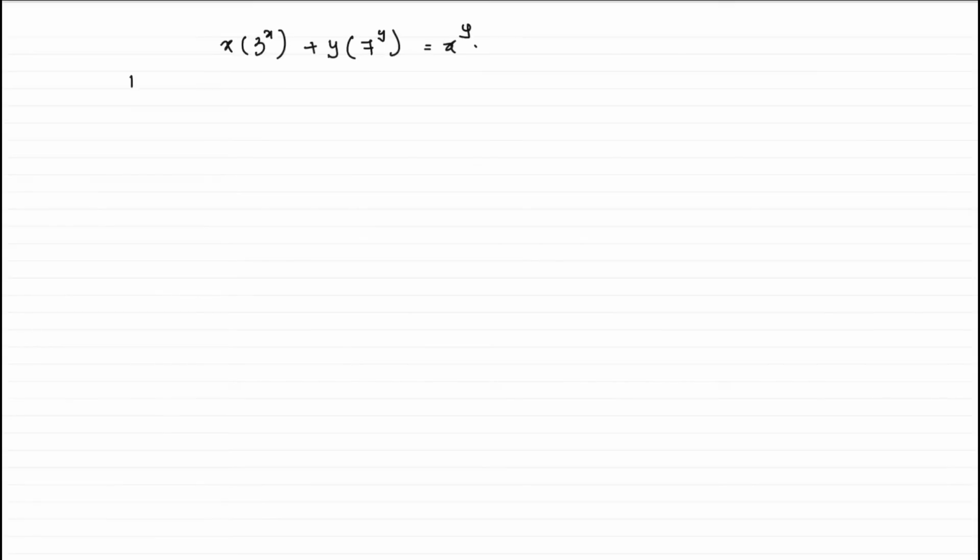Let's put x is equal to 0. That implies 0 into 3 to the power of 0 plus y into 7 to the power of y is equal to 0 to the power of y.